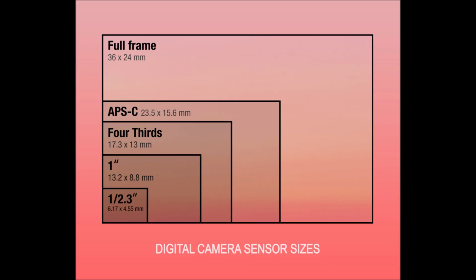The real estate you have and the number of megapixels on those sensors determine the size of the individual pixel itself. The more pixels you have, the smaller they are, and the more detail those little sensors can gather from the light. The larger the pixel, the more light photons it collects, and therefore it's going to make a difference.